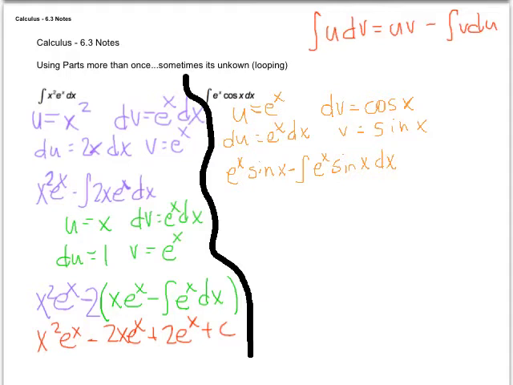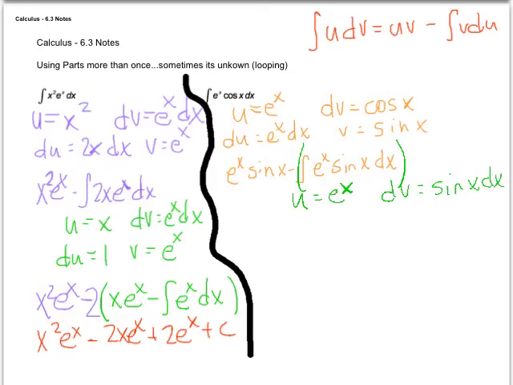And then I do the same thing. I'm going to integrate this part right here. So I'm going to let u equal e to the x again, and I'm going to let dv equal sine x dx.